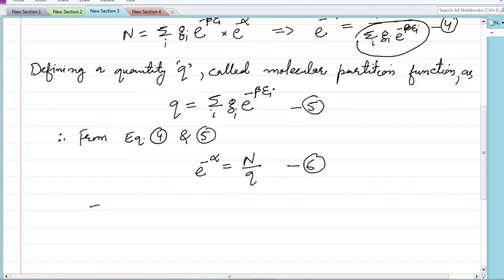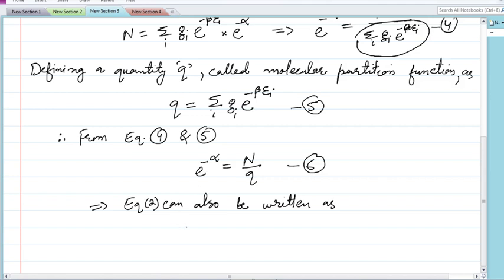It will also imply equation 2 can therefore also be written as: in place of e raised power minus alpha, we will put the value of n upon q.